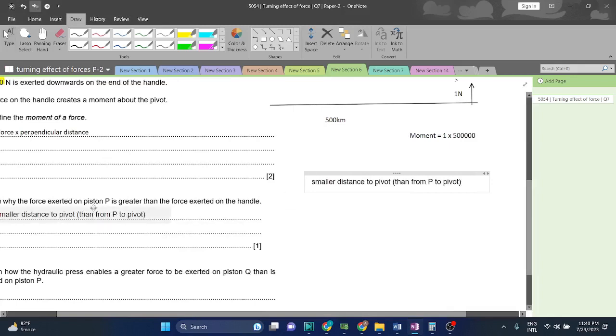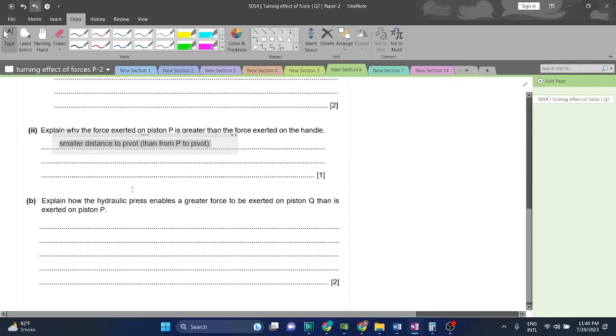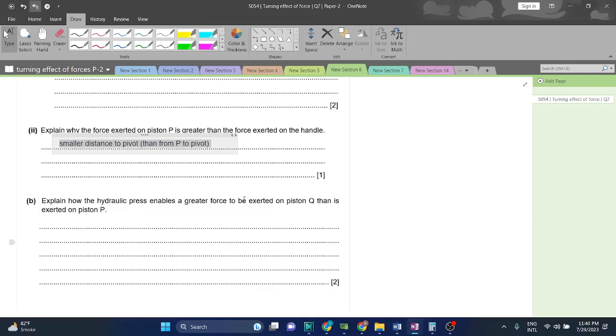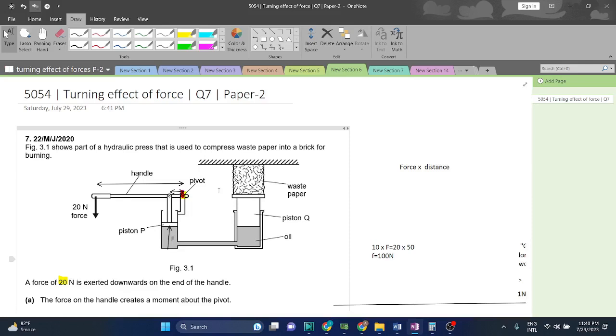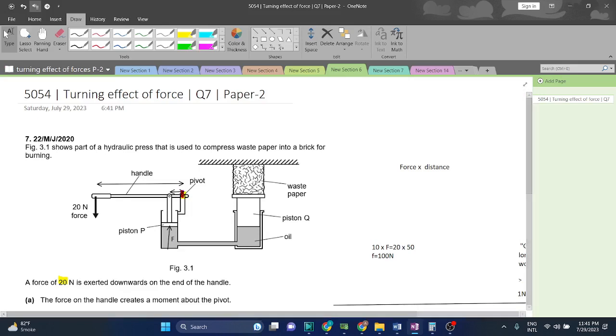Although it was a very easy question, but I wanted to conceptualize करवा दो सब कुछ समझा दूं सही तरह से ताकि बार बार रिपीट ना होना पड़े. Explain how the hydraulic press enables a greater force to be exerted on piston Q than is exerted on piston P. अच्छा अगर आपने प्रेशर का चैप्टर पढ़ा हो, I think it is chapter 8, अगर आपने उसमें Pascal's principle पढ़ा हो, तो that states the pressure is equally transmitted in all directions of liquid, right?